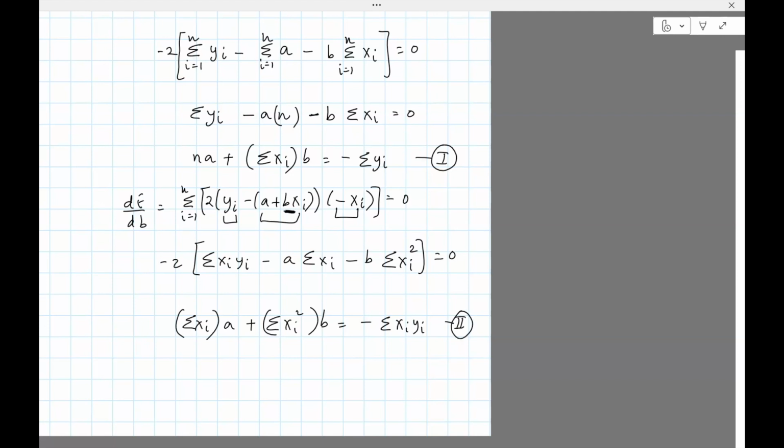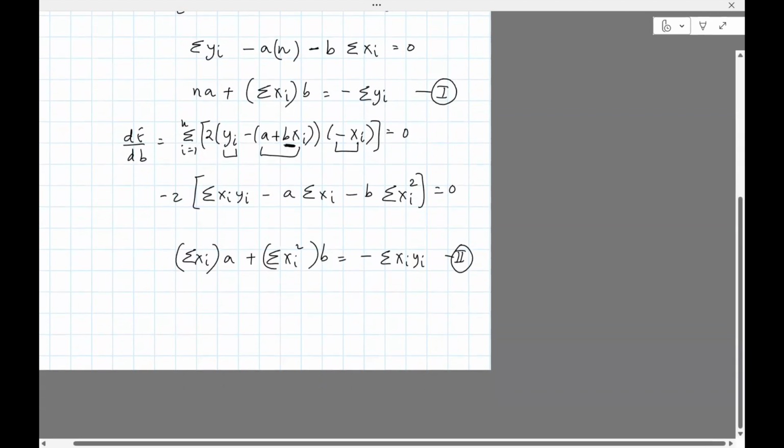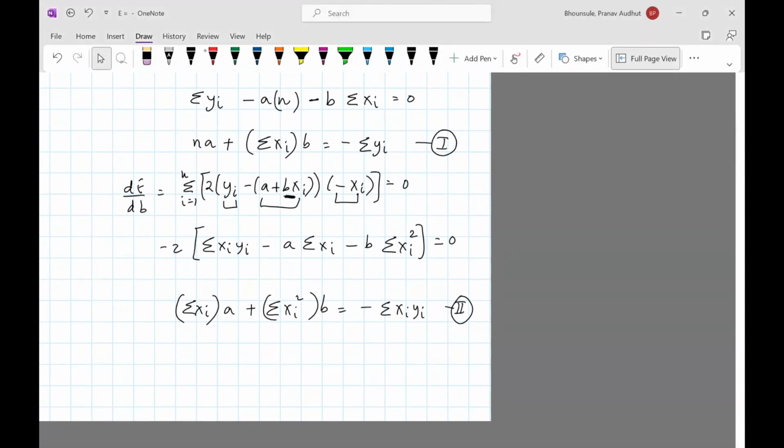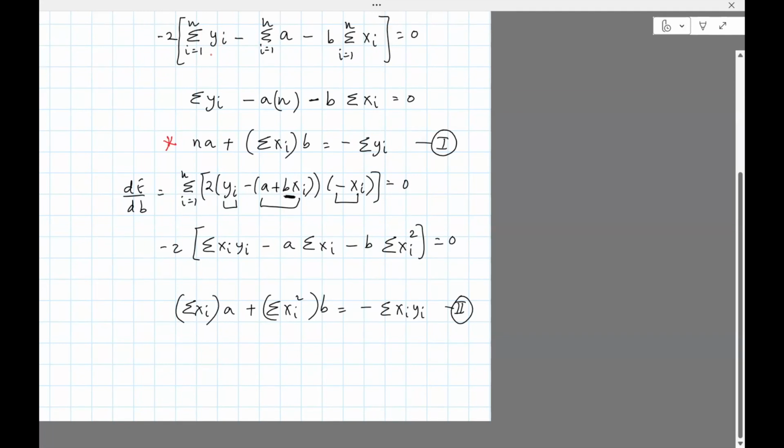And what remains to be done is to use 1 and 2 to solve for a and b. That equation and this equation.